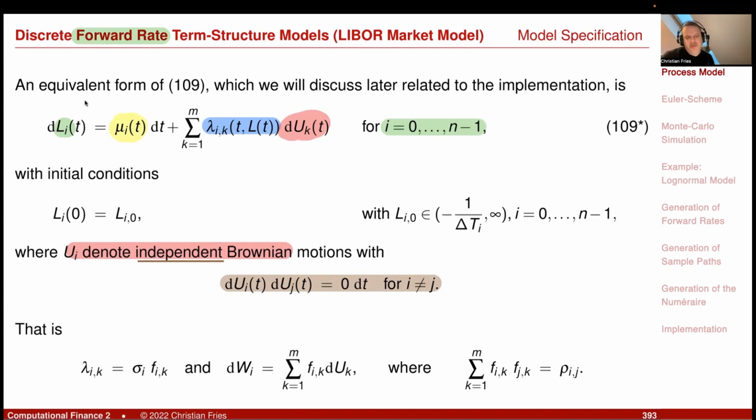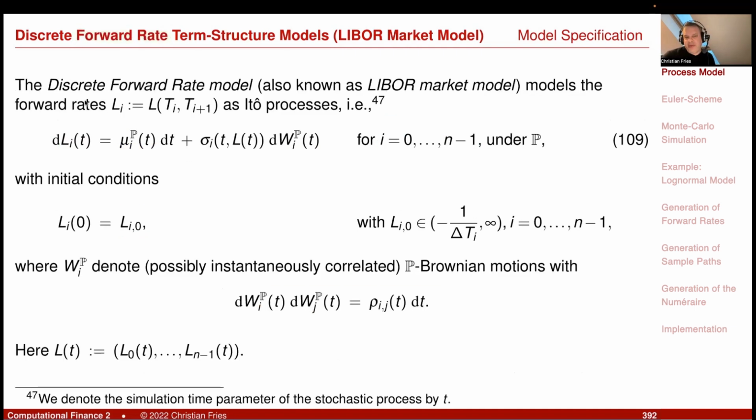So with respect to model parameters, we have the initial value, which will be given by our forward rate curve at that specific time. The factor loadings, which, if you go to the other representation, consist of a volatility coefficient and the correlation.